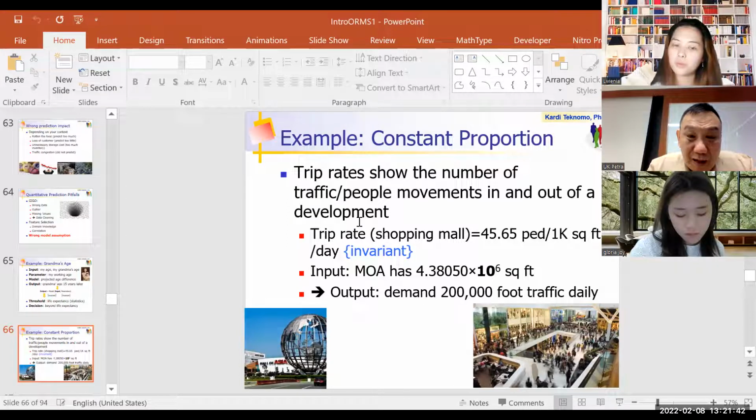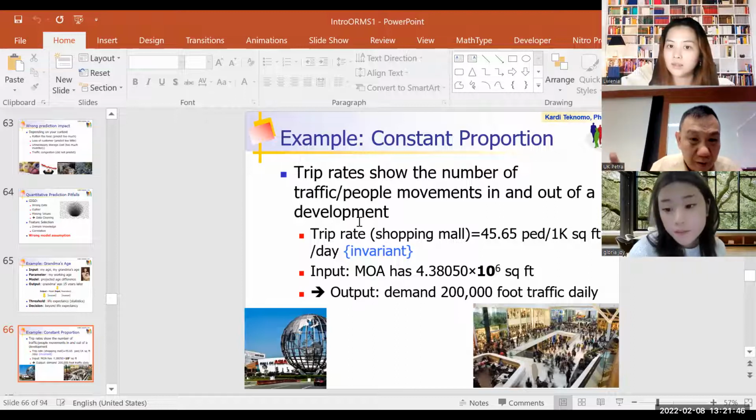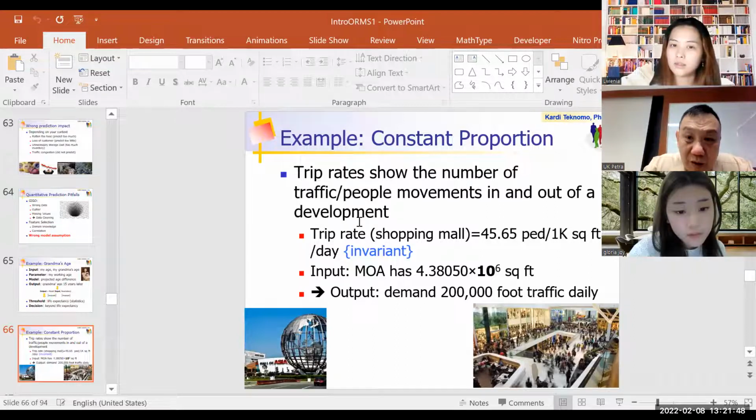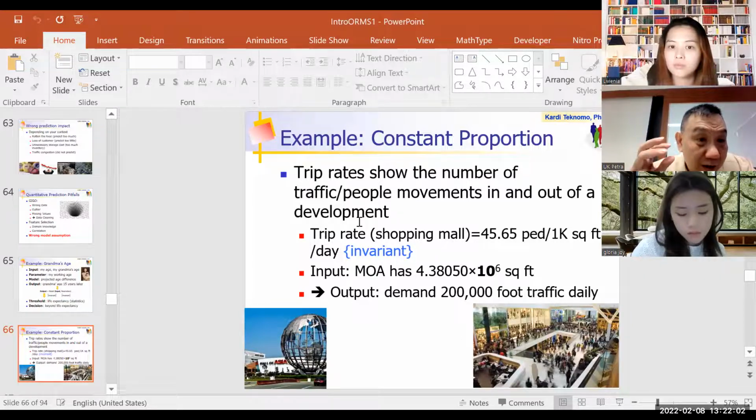And how do they predict that? Why do they make that kind of very big mall? Because they use this trip rate. The trip rate for a shopping mall is 45.65 pedestrians per 1,000 square feet. This is their assumption, so this is the invariance.